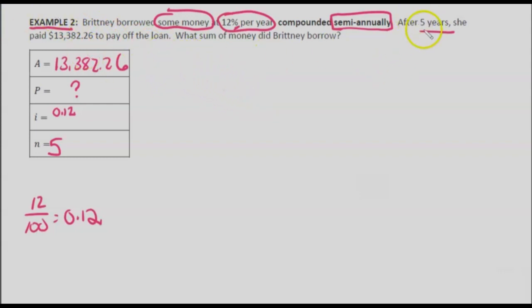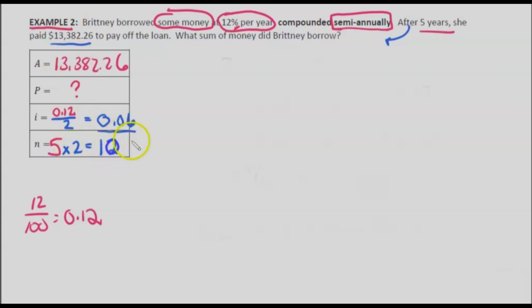Okay, so see how it says after 5 years she paid this? You have to be able to read that and be like, okay, after 5 years, that means later. That means future value. Okay, so we want to divide the interest by 2 and multiply the time by 2. So 0.06 will be the interest rate, and it will be paid out 10 times.